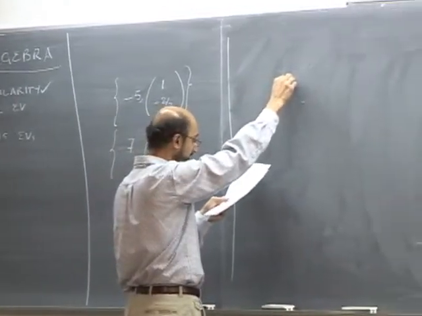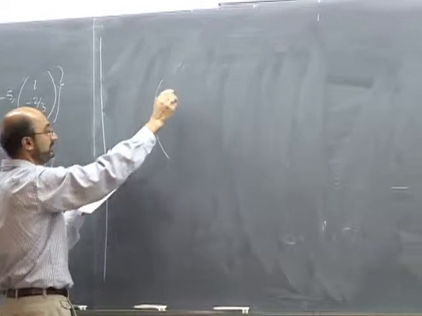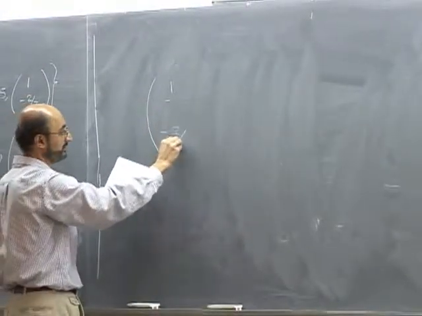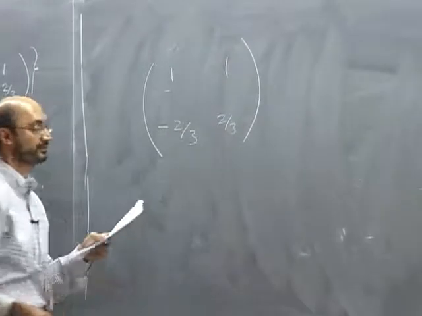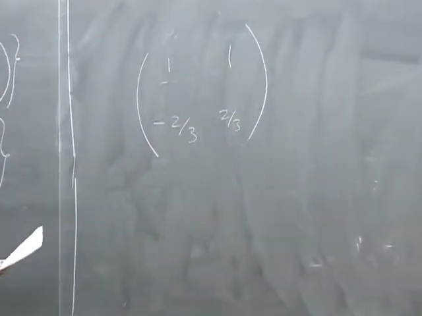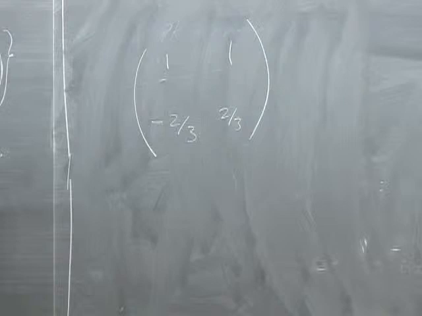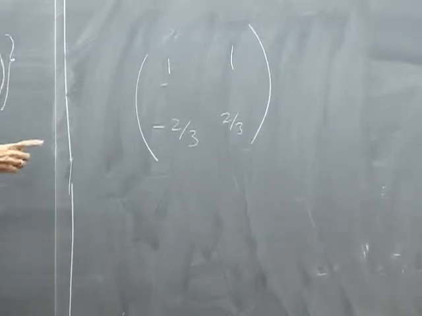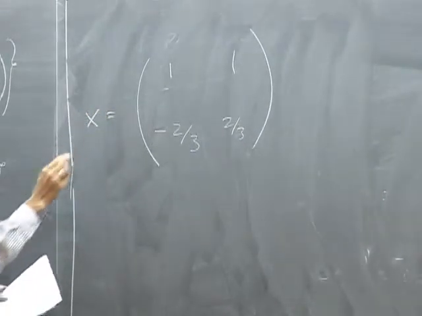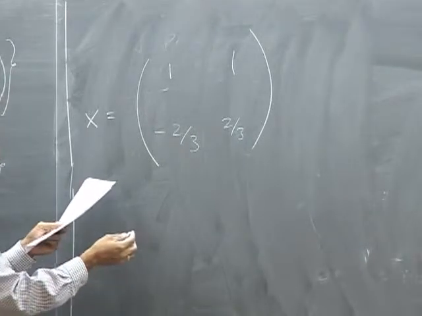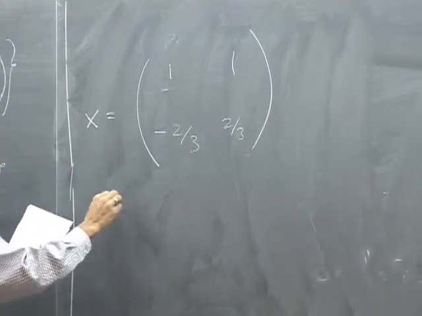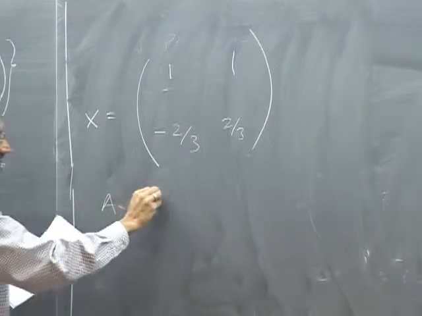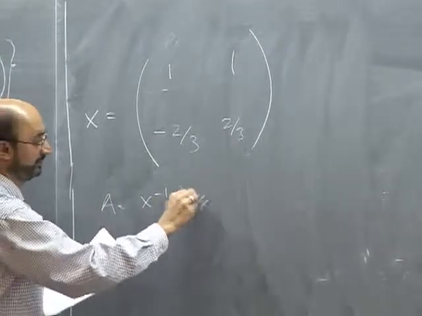So the eigenvalues are 1, minus 2/3, 1, 2/3, and the eigenvectors for the matrix [1, 9; 4, 1] we knew from before. X is from here; I just left it on. So that's the matrix X. The diagonalization of A is going to be X inverse AX, where X is this.